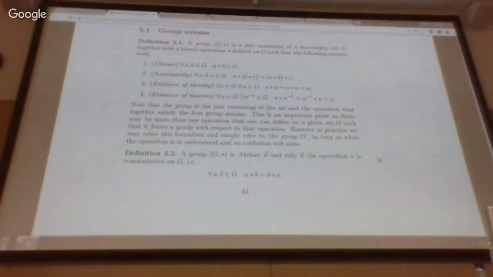So which collection of mathematical objects and which operation on them was not commutative?